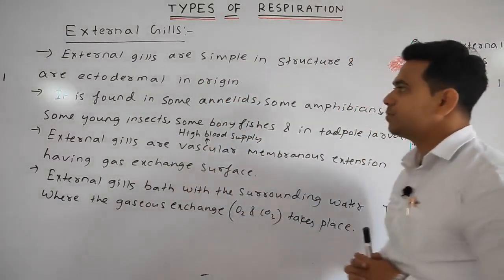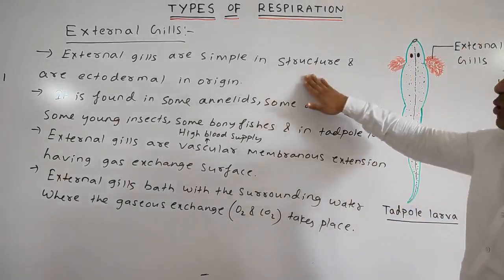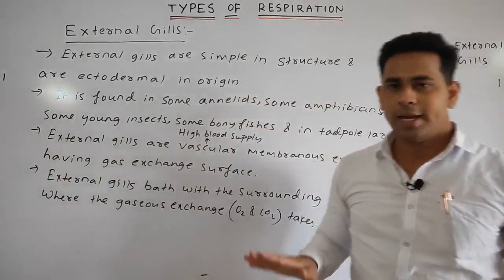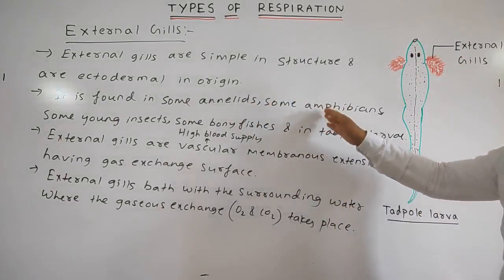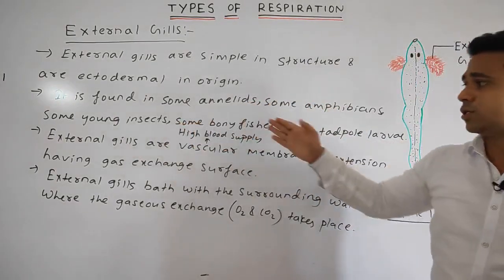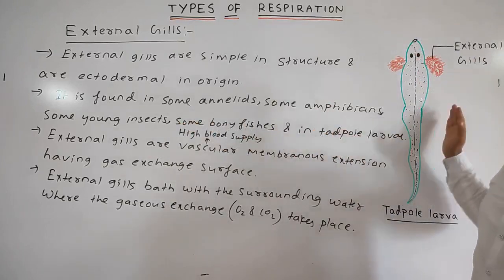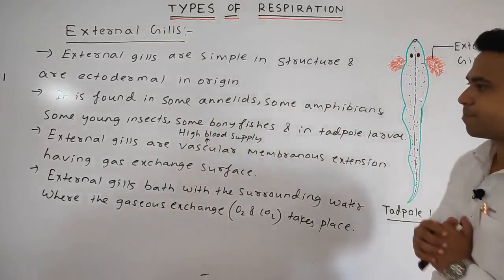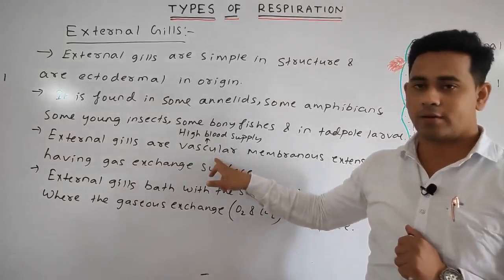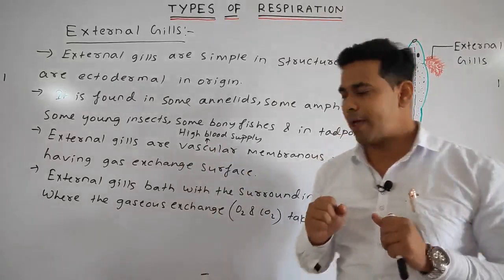So these are some general points. External gills are simple in structure and are ectodermal in origin. It is basically found in some annelids, some amphibians, some young insects, some bony fishes, and also obviously in the tadpole larva, as I have taken the example. External gills are vascular, means having high blood supply.